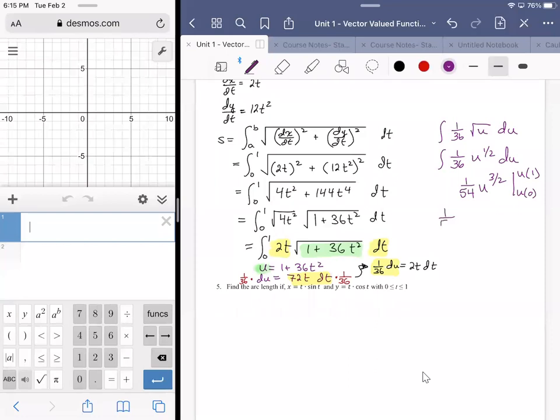So 1 over 54, 1 plus 36 t squared to the 3/2, and that's going to be over 0 to 1. The idea being that I would prefer to work with 0 and 1, because if I plugged in a 0 and a 1, well, the low bound would have been fine, but on the upper bound I get a 37. That wouldn't be pretty.